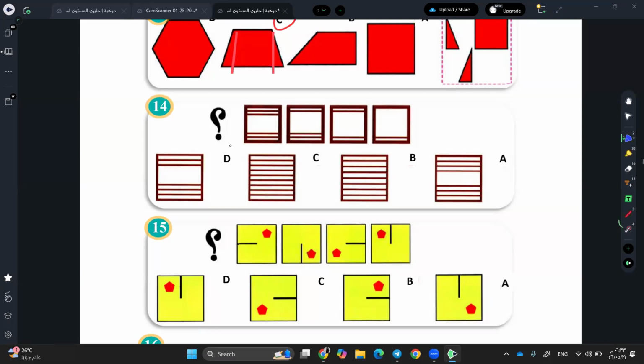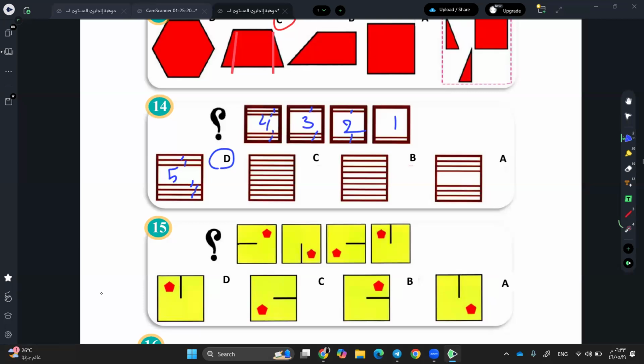I think it's D, because here we have one line. And here, how many lines? 1, 2. So two lines. Here, 1, 2, 3 lines. Here's 4 lines. And here it will be 5 lines. Excellent, Ala.